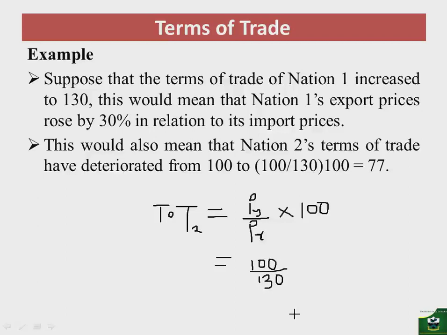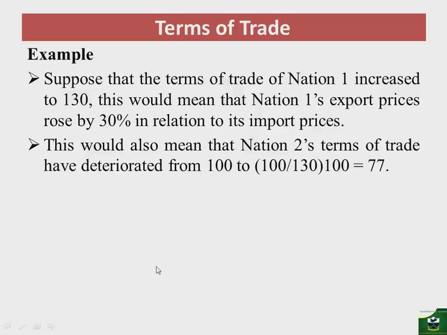Therefore, if we multiply this by 100, we will have 77 as the new terms of trade for nation 2. So whereas the terms of trade for nation 1 have increased to 130, nation 2's terms of trade, as a result of the improvement in nation 1's terms of trade, will deteriorate to 77.